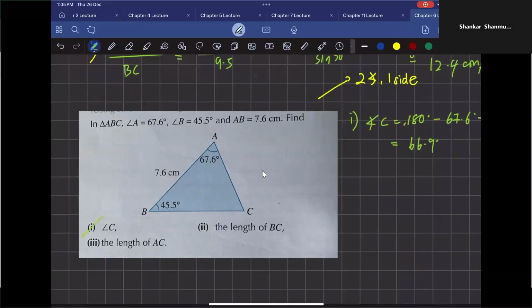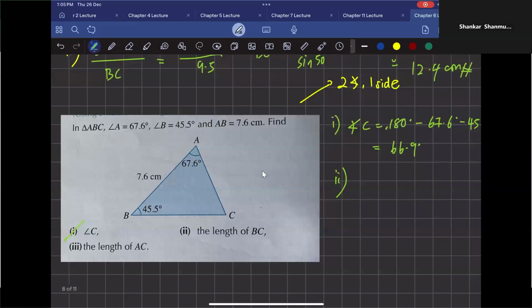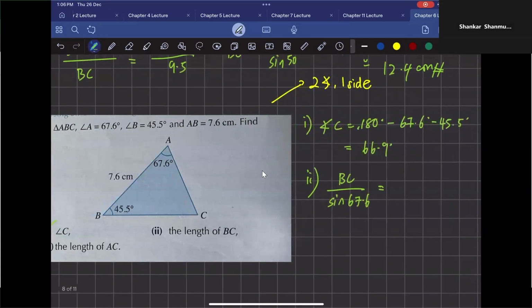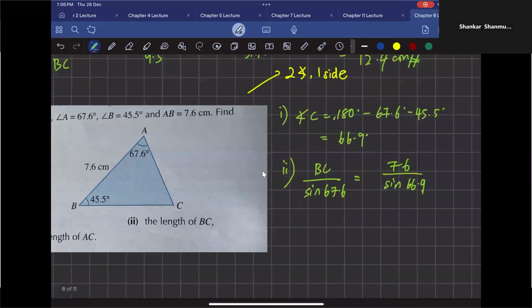And once you have this, your part 2 and 3. The length of BC. So BC over sine 67.6 equals to, you know your angle C already, so you can use 7.6 over sine 66.9.